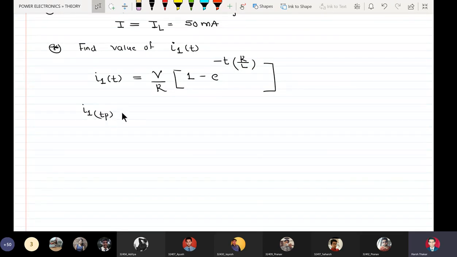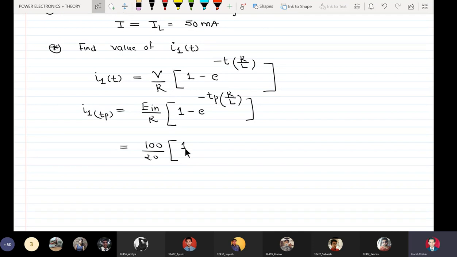I1 during the pulse duration is equal to E upon R into 1 minus e raised to minus pulse duration into R upon L, which is equal to 100 upon 20 into 1 minus e raised to minus 50 into 10 raised to minus 6 into 20 upon 0.5.